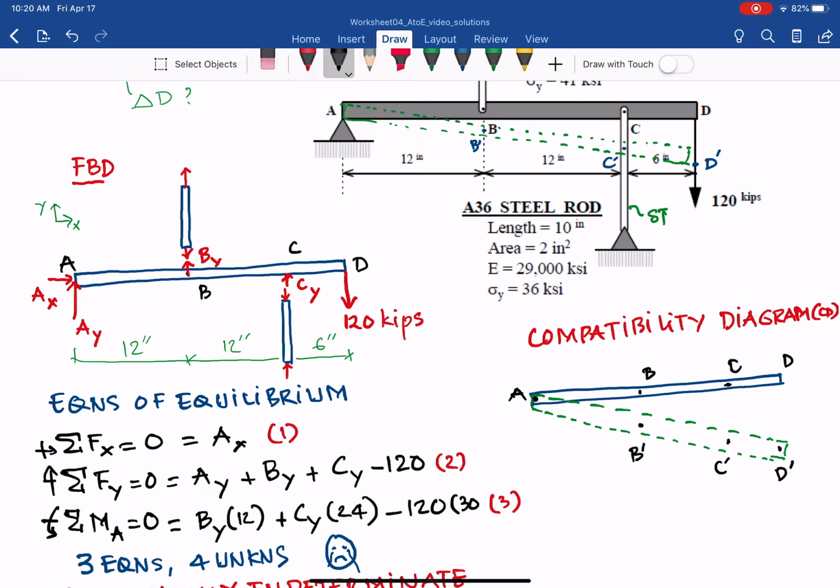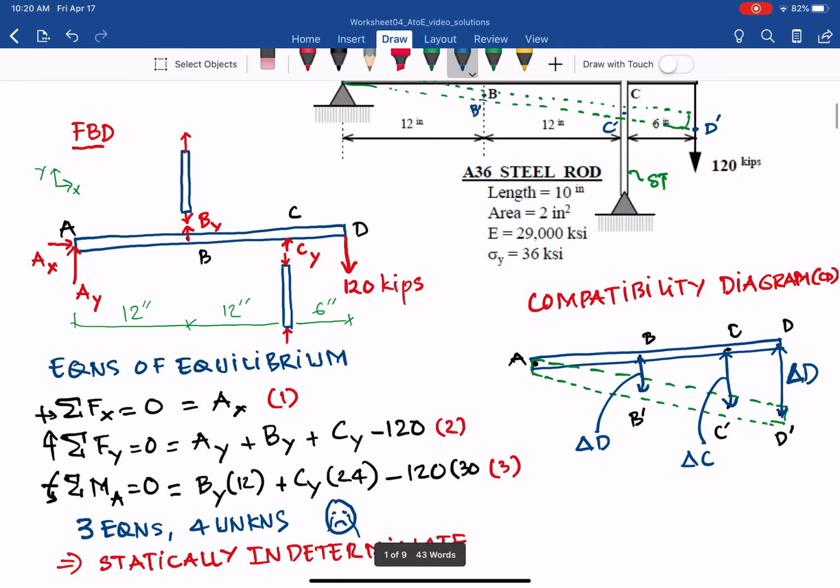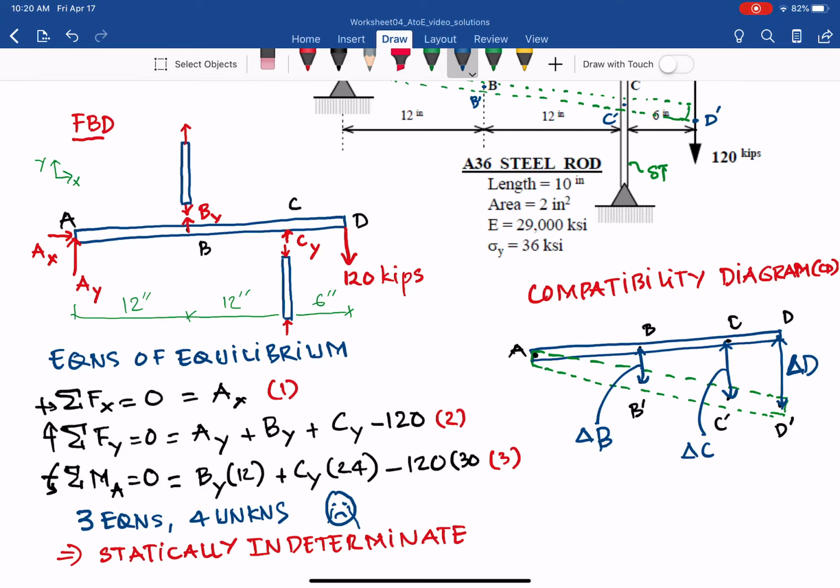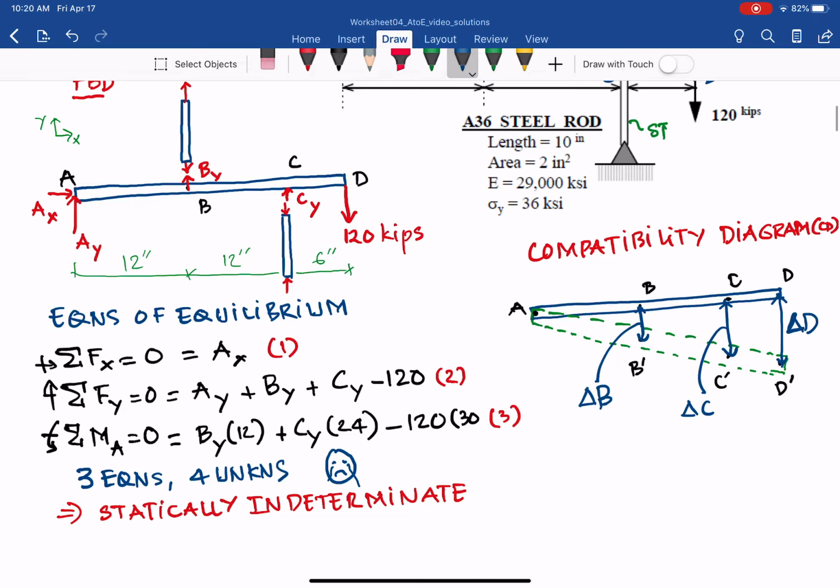That distance here we call delta B. The distance here we call delta C. And the distance here, for that deflection, is delta D. This is delta B, and delta B, delta D, basically is the deformation of the aluminum and steel.